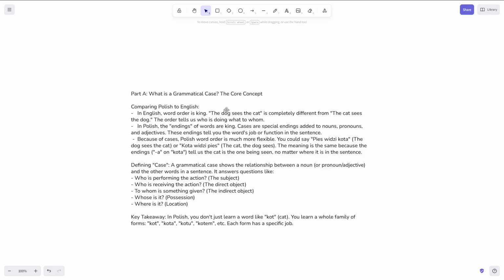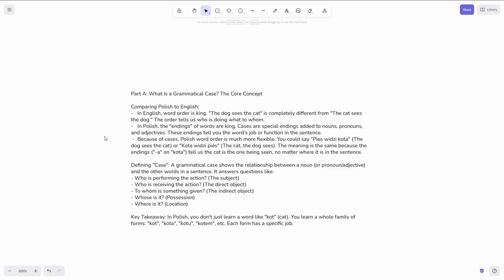Because the dog is first, the dog sees. And then what comes after the verb will be the recipient of the action. The dog sees the cat, so the dog performs the action of seeing on the cat. The cat sees the dog, so the cat performs the action of seeing on the dog.